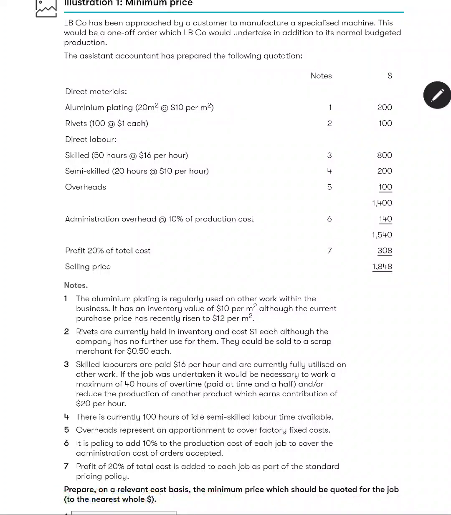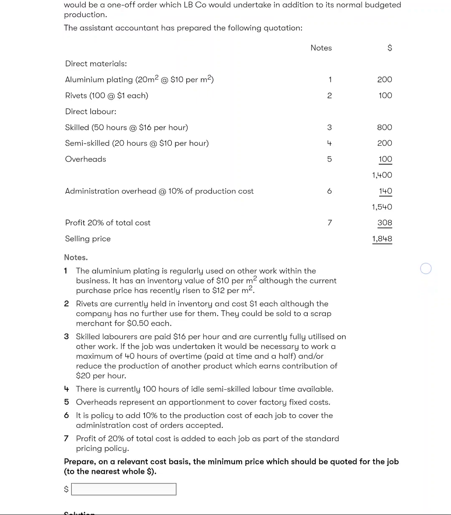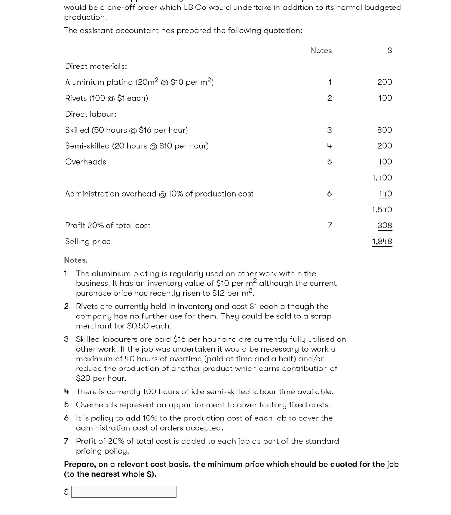Now this 10 per meter square is a sunk cost, because this cost has already been incurred, right? So we do not need to focus on this $10 per meter square. Instead, what we need to concentrate on is the current purchase price, because the requirement for the aluminium plating is 20 meter square, and the relevant cost for this will be 12 per meter.